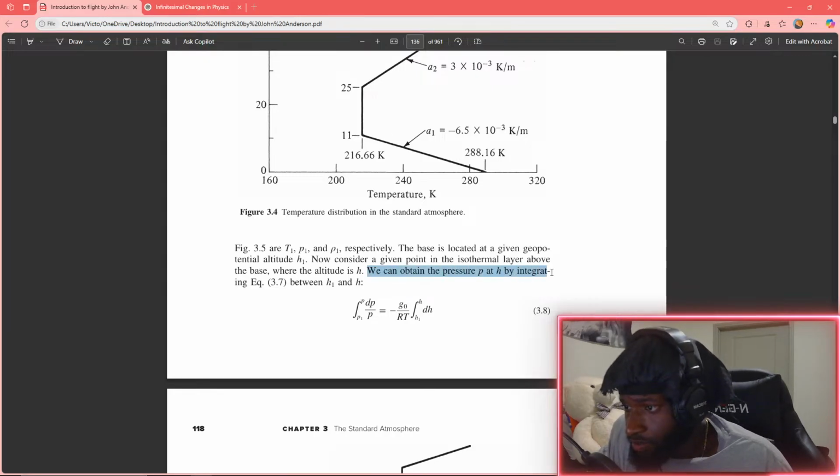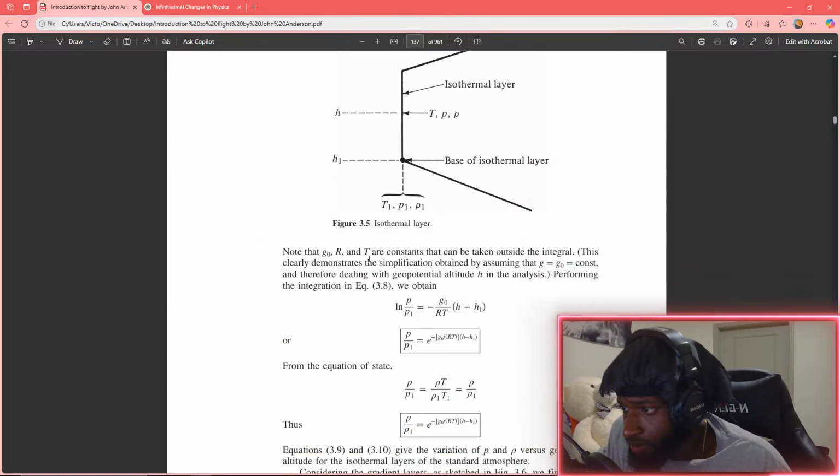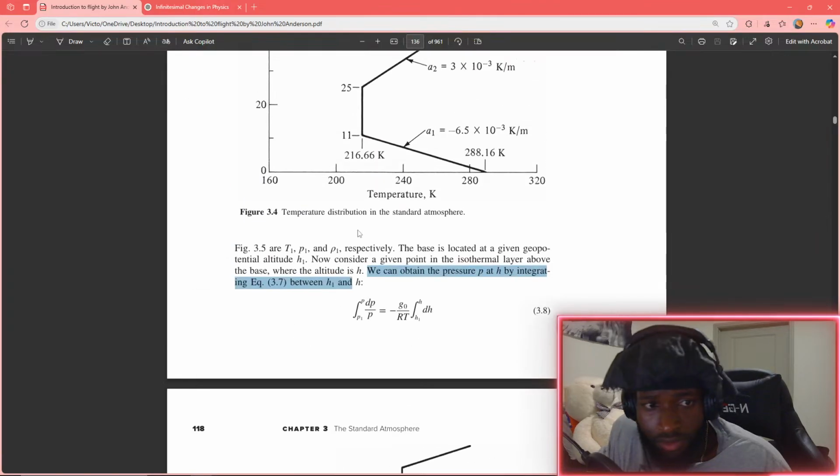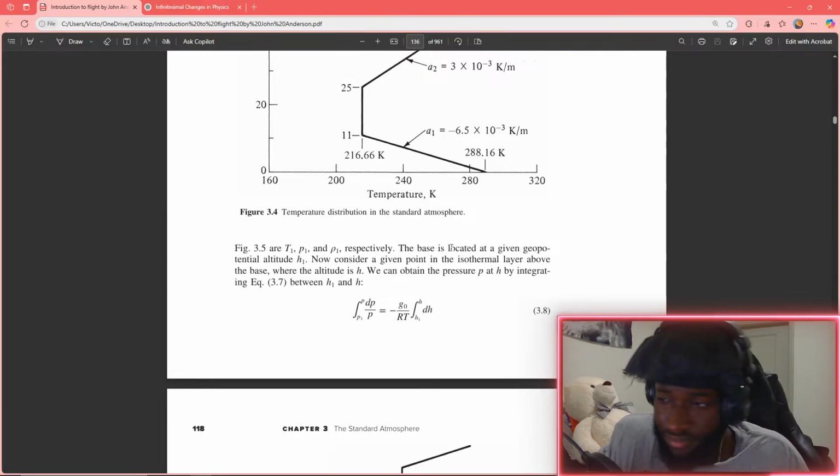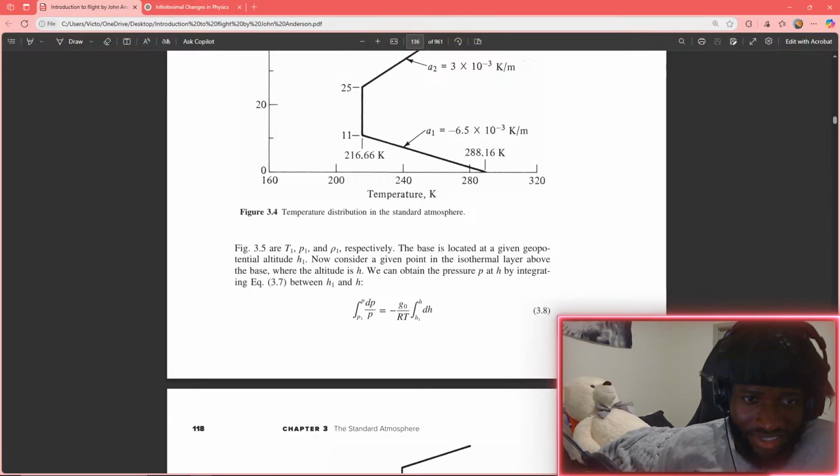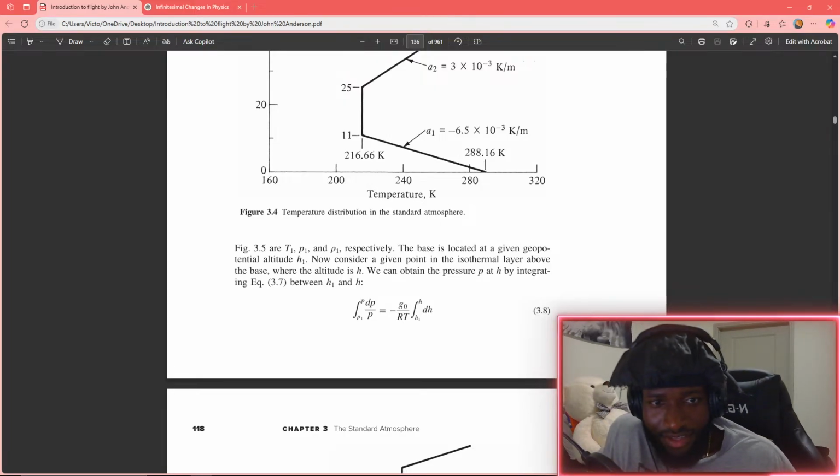You can obtain the pressure P by integrating. You mean a derivation of the specific gas constant? I'm fine with that.